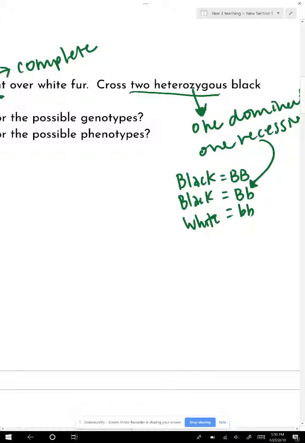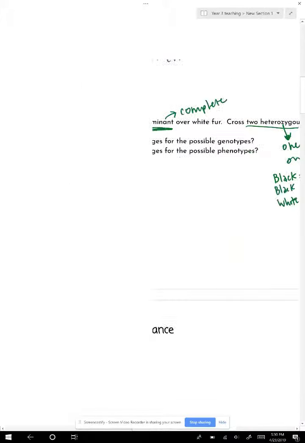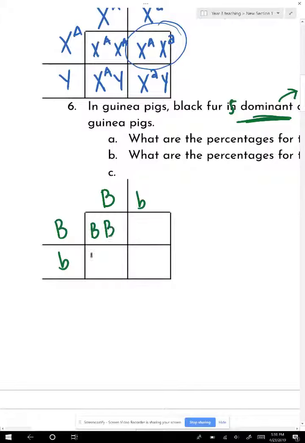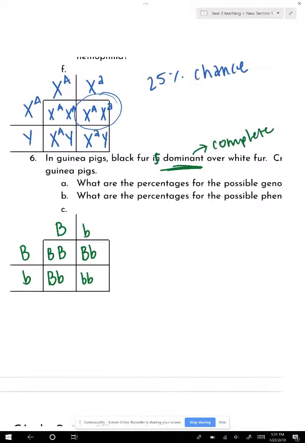And I have two heterozygous guinea pigs that I'm crossing. So I write capital B, little b, because both of them are heterozygous. I go ahead and I cross these, right? Oops, that's a mistake. I did it again. Okay. And then I would have that for my thing.